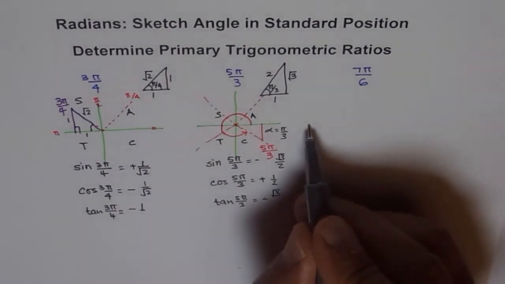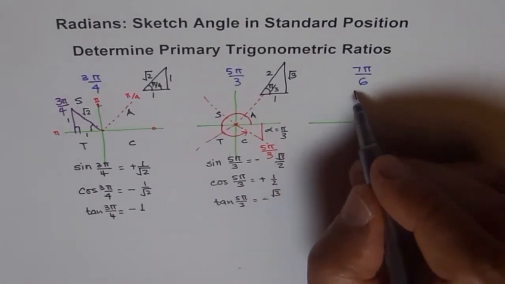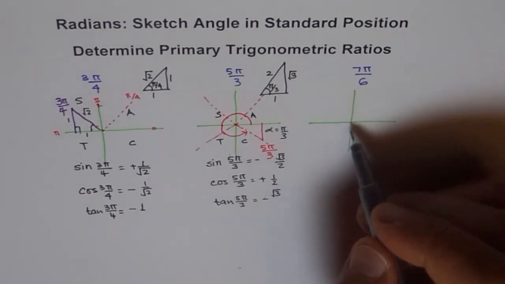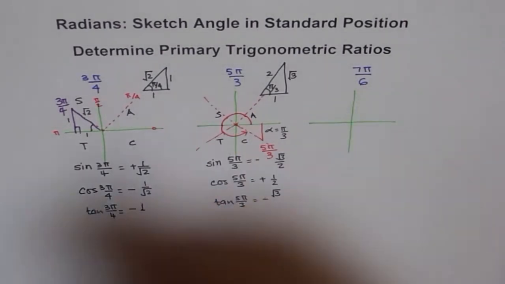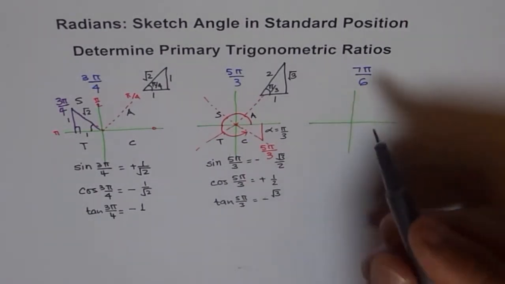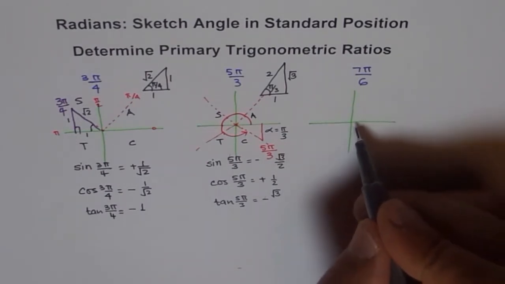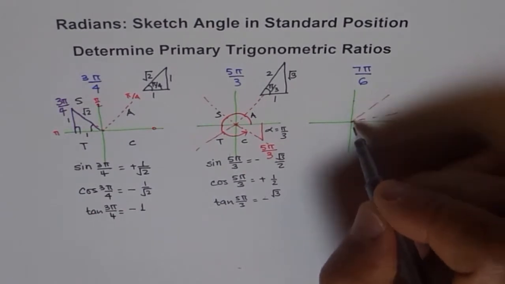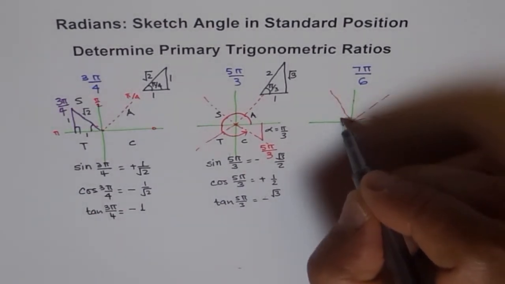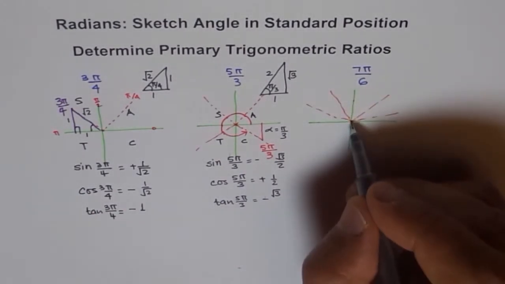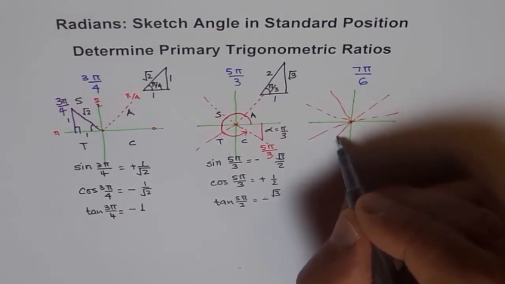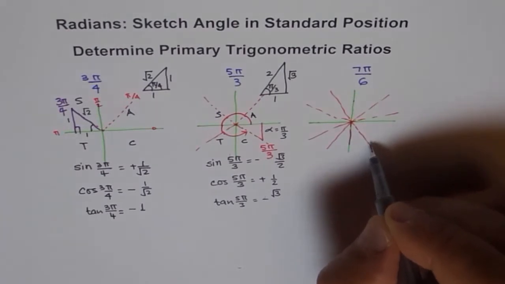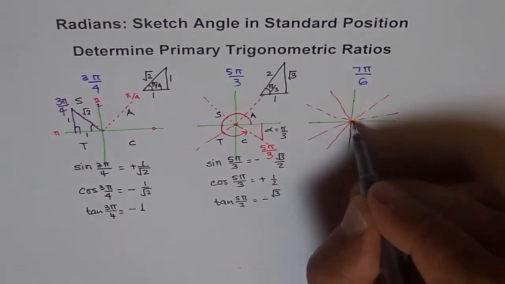This is 7 pi by 6. 7 pi by 6 means we are going to divide our pi into 6 equal parts. Okay, that means 3 here and 3 there, right? So let's say 1, 2, 3, 4, 5, 6, 7, 8, 9, 10, 11, 12, right?